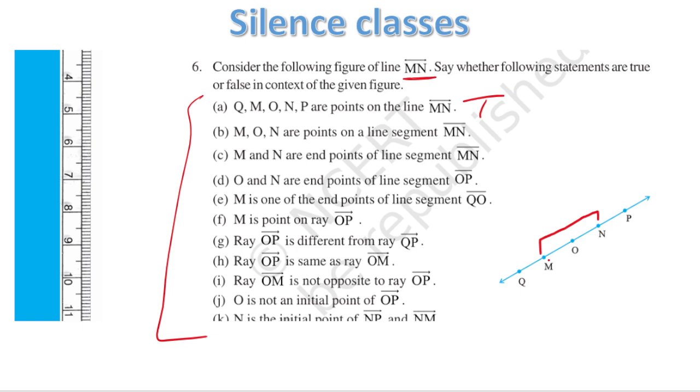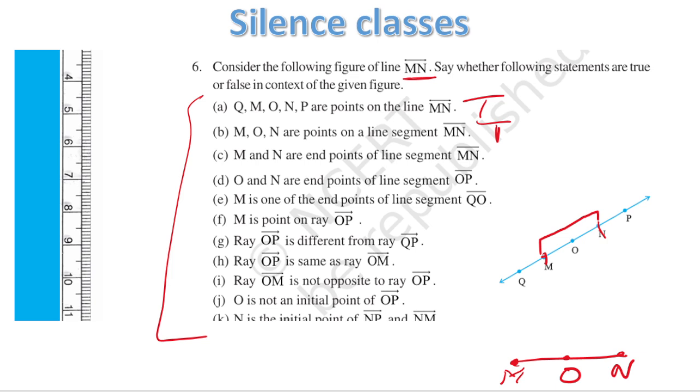If we take out this part from here, it is starting from M and moving to N, and the middle point is O. The point over here is O. So I can say line segment M and N is having the points M, O and N. This statement is also true because we are having both the ends, means the starting and the end point of that particular line segment. So yes, this is a line segment and we are having M, O, N in this line segment.